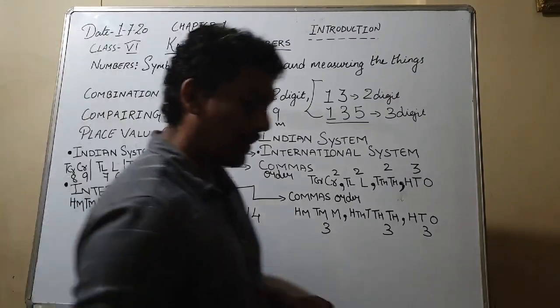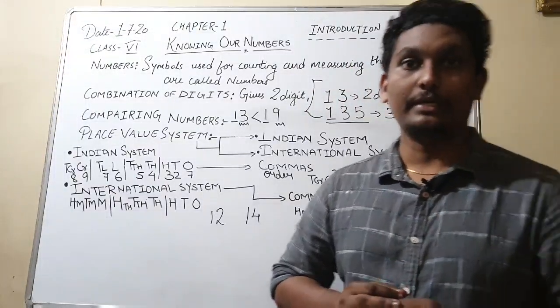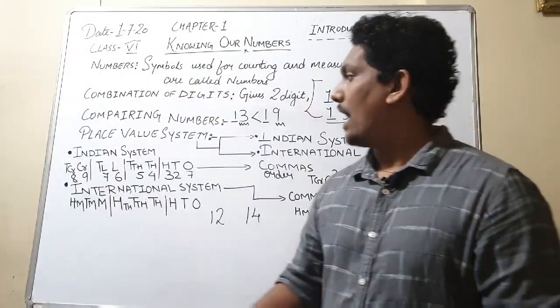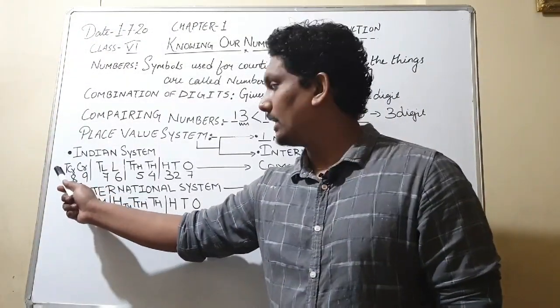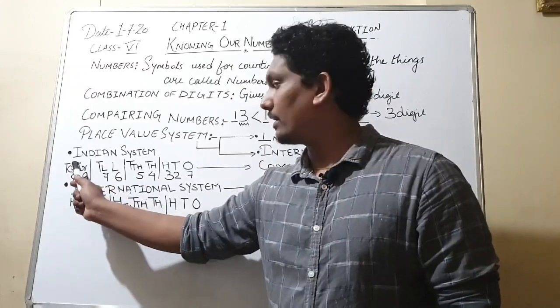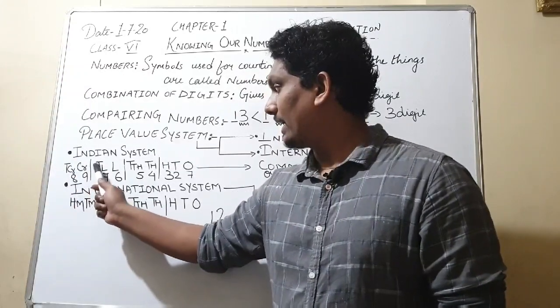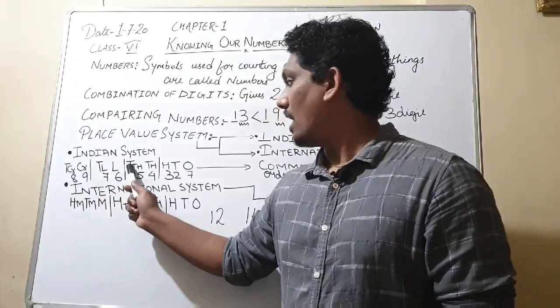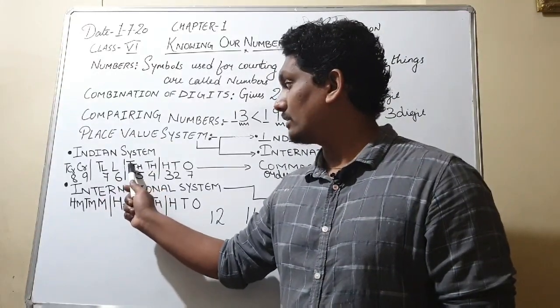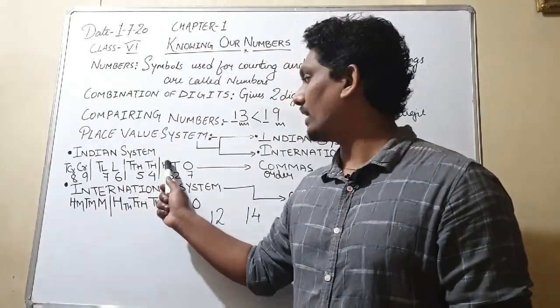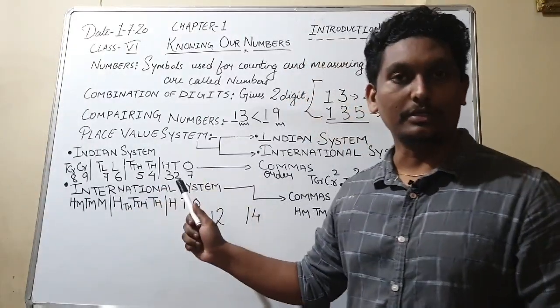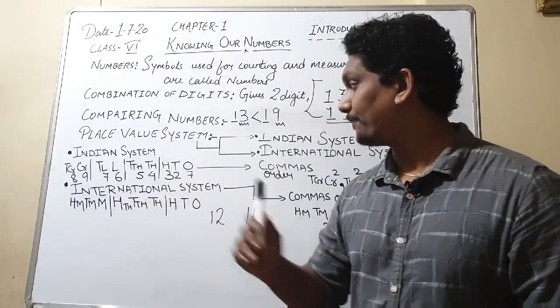According to the commas, we have to read the number. If you see, 10 crore and crore are written in one section, 10 lakh and lakh are in one section, 1000 and 10,000 are in one section, then we have 100, tens and ones. In the same order we have to read the number.